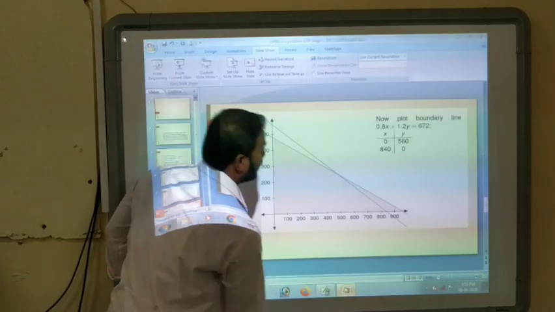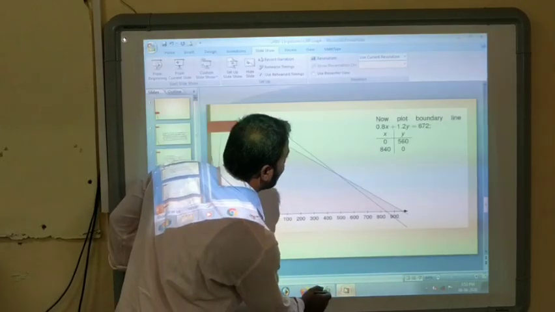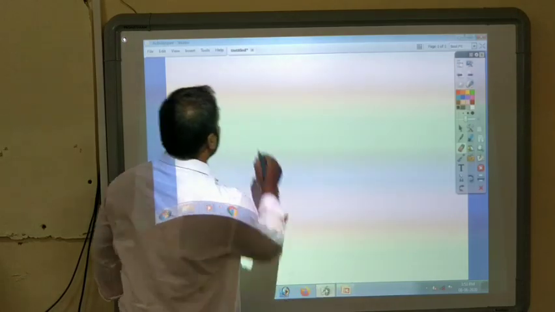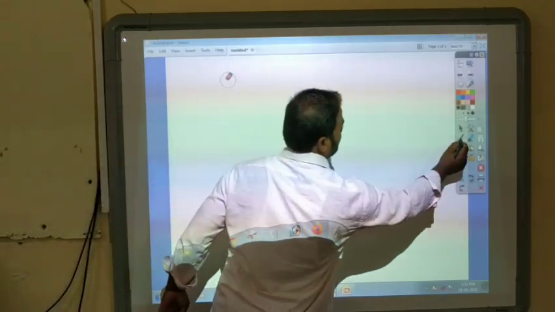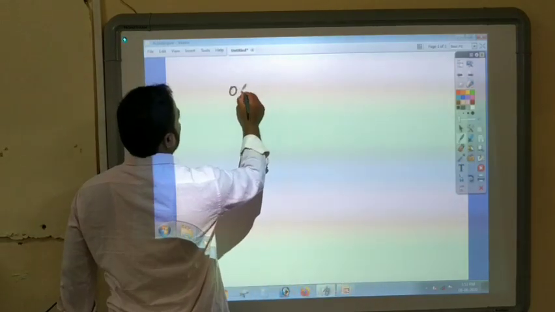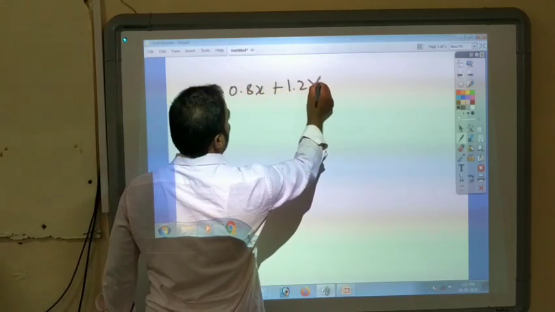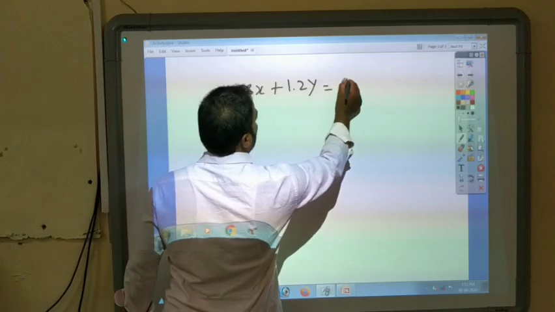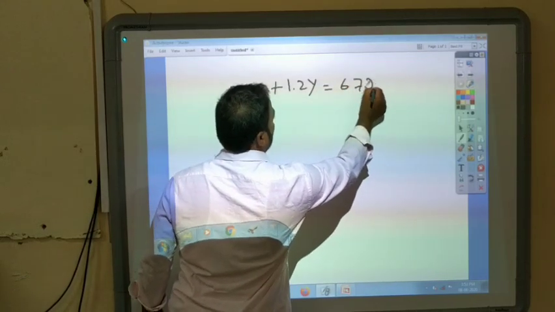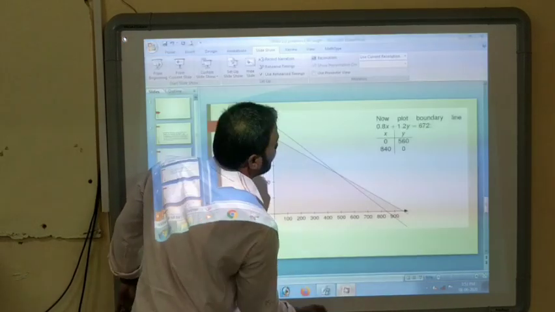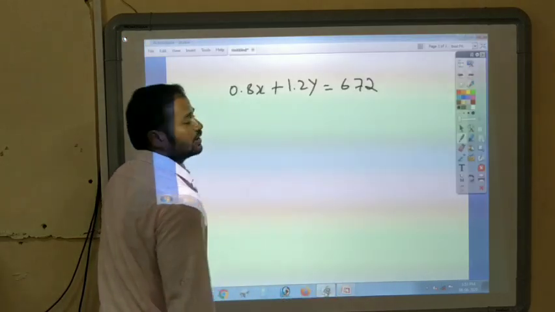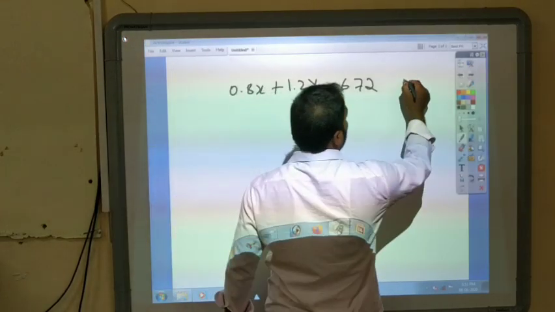In this equation we are going to put values for x and y.